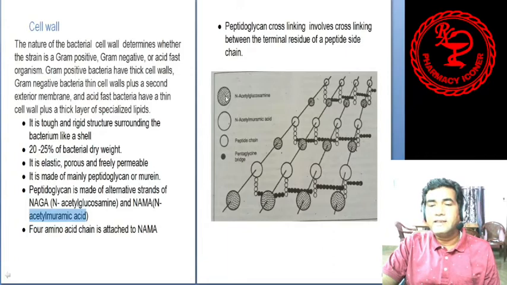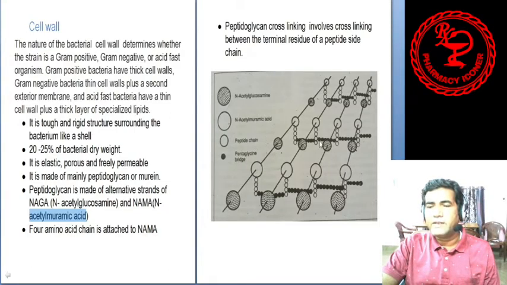This is the NAG and this is the NAM. The formation is like this: one NAG, after that NAM, forming a chain, another chain, another chain.